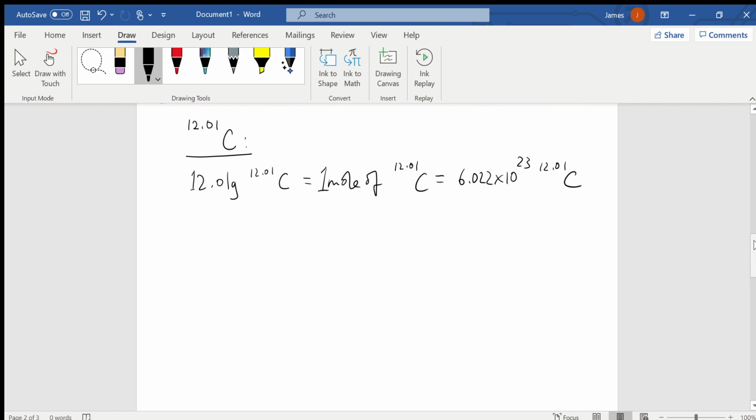If we look at hydrogen, so the periodic table I'm looking at gives it to 3 decimals.